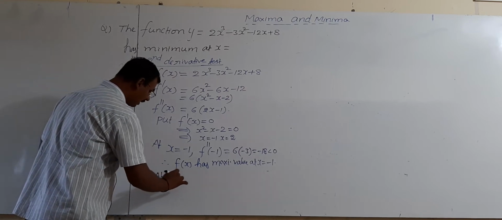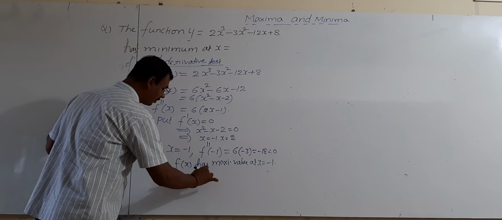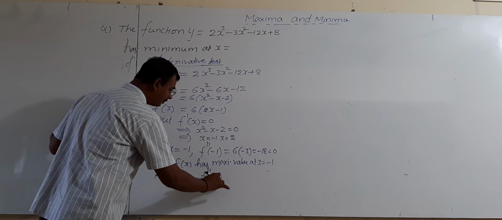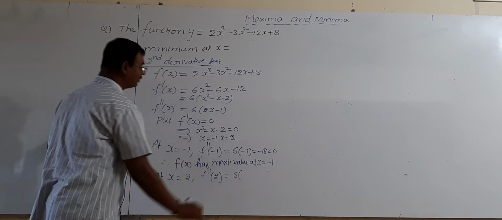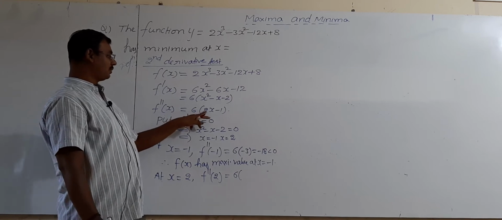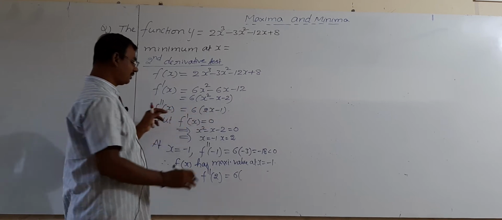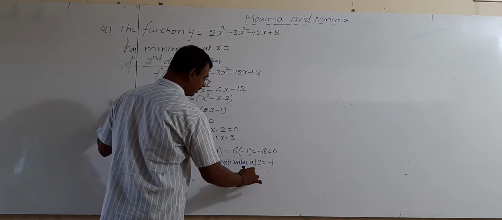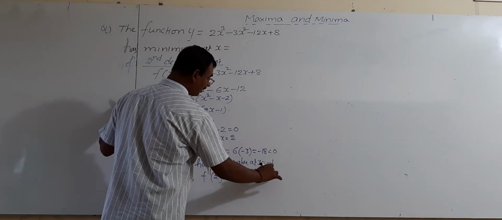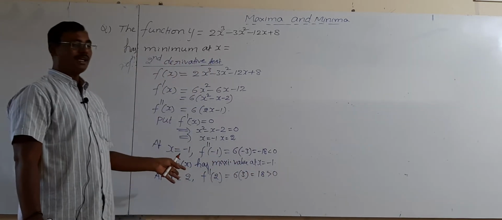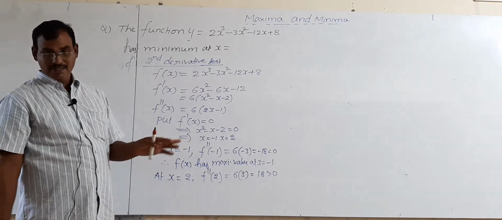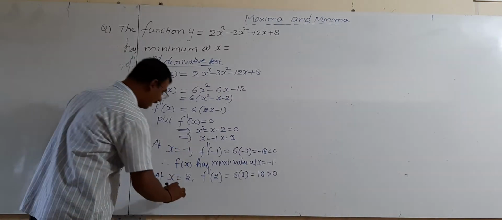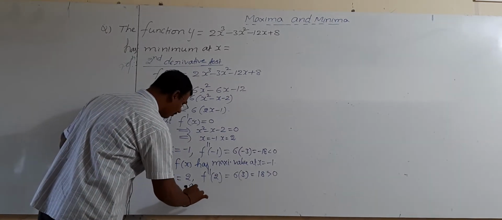At x is equal to 2, f double dash of 2 is equal to 6 into (2 twos are 4, minus 1) 3, which is 18, greater than 0. If second derivative is greater than 0, then f of x has minimum.